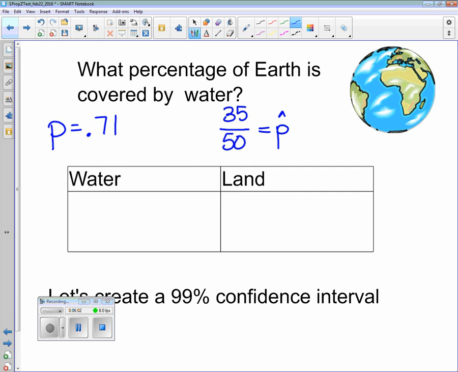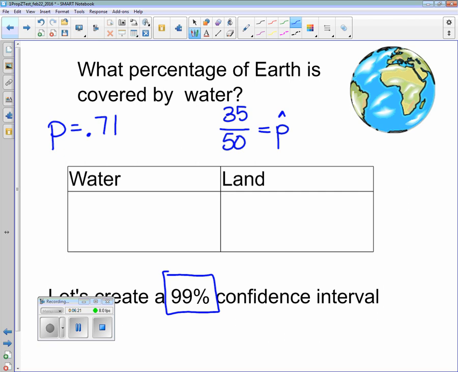Very good. And we created a 99% confidence interval. What does that help us decide? If we're creating a confidence interval, we need this information to find what value?